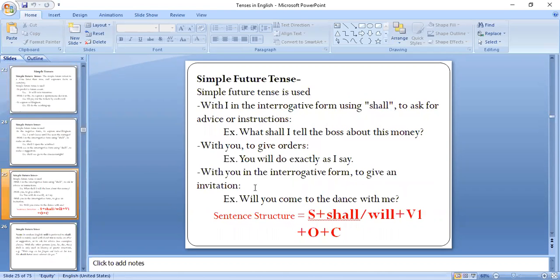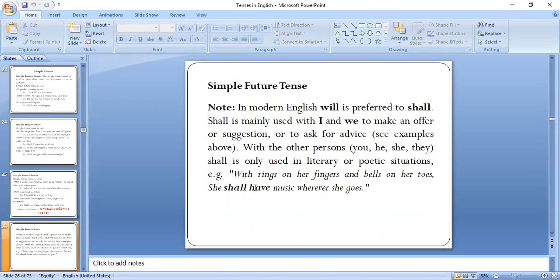This is the sentence structure that you have written in your notebook. Also, I have given you a note that shall is used only for I and we. These are the two pronouns for which we use shall, and will is used for the remaining pronouns, that is you, he, she, it, and they.